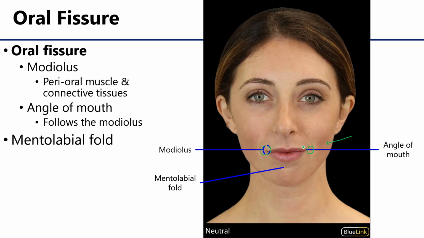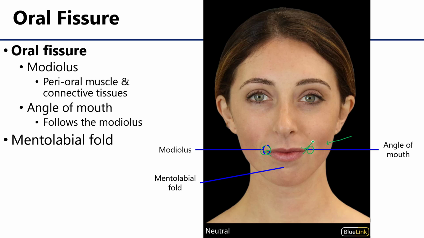So you have an angle of the mouth or of the oral fissure on either side, and you can palpate this modiolus. So you can, with very clean hands, put perhaps your thumb deep on your oral mucosa and your finger on your skin, superficial to the angle, and palpate that, and you can feel where those muscles are interdigitating.